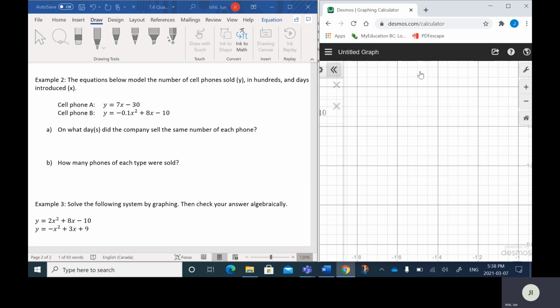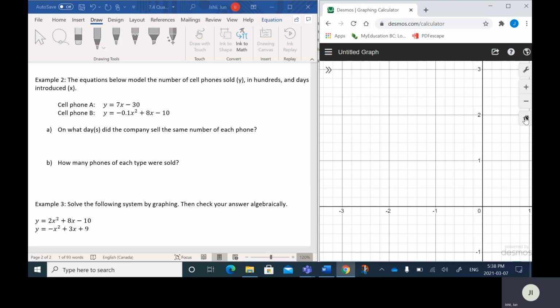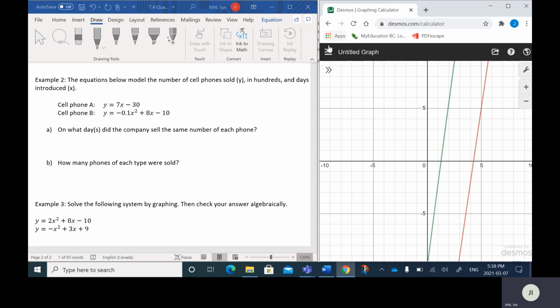All right, so it looks like it's off the screen here. So what we're going to have to do with this graph is kind of play around with it until we can see where it actually touches, or where the line crosses the parabola.